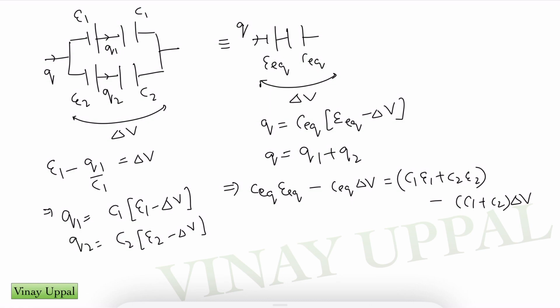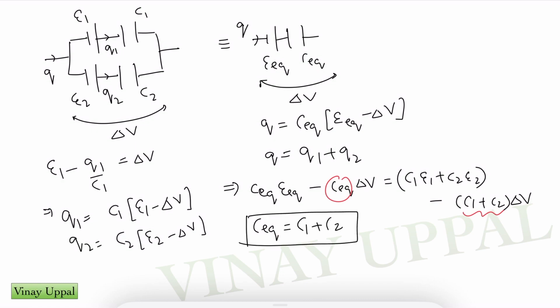We should be able to replace this system of two branches by the equivalent battery and equivalent capacitance for any delta V, so the coefficient of delta V should be equal. So basically, C equivalent should be equal to C1 plus C2, as expected, because these branches are in parallel.